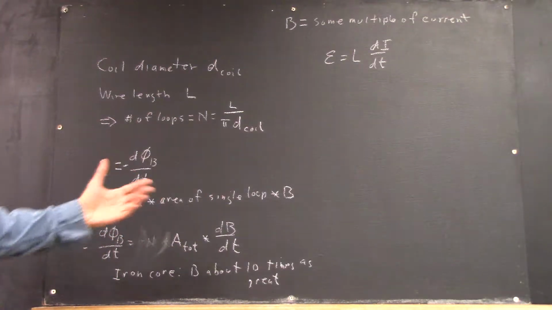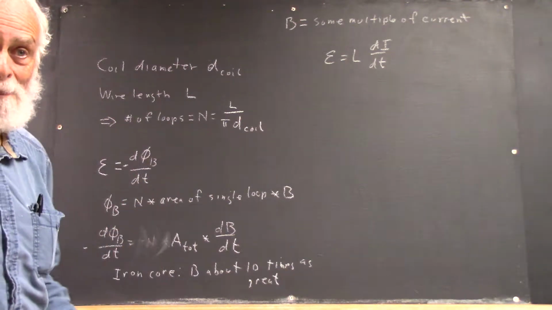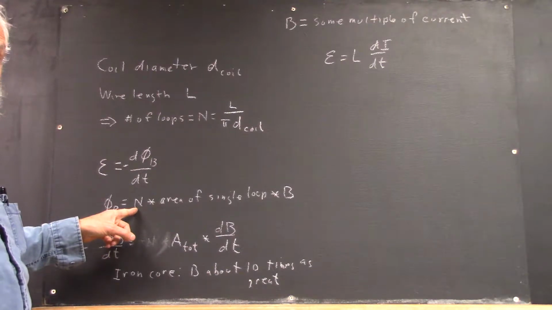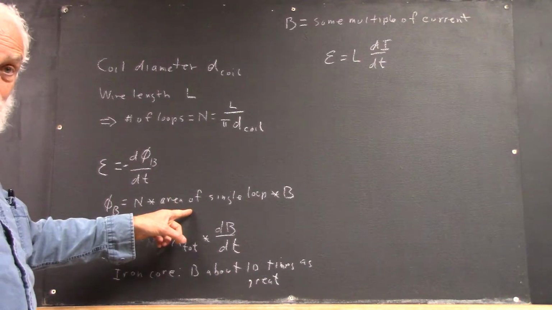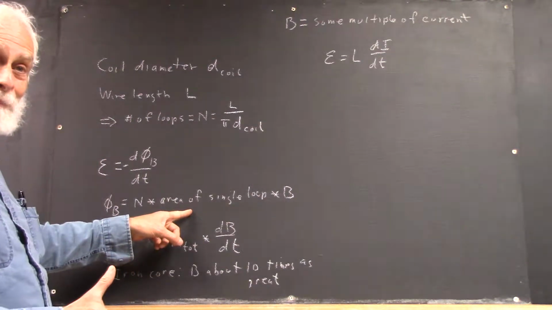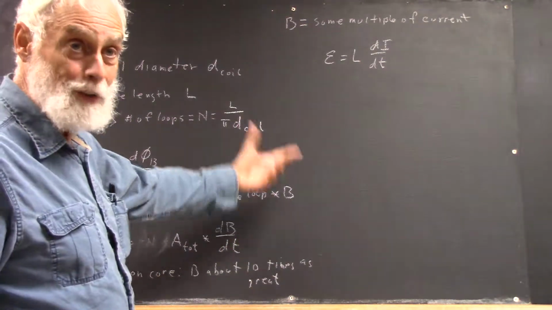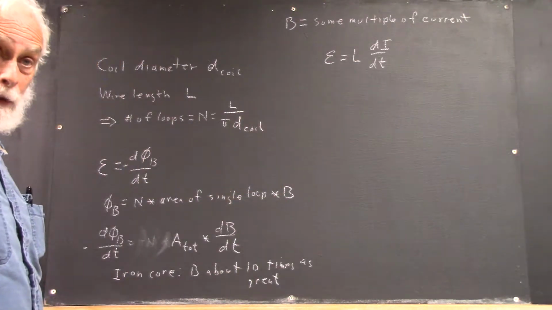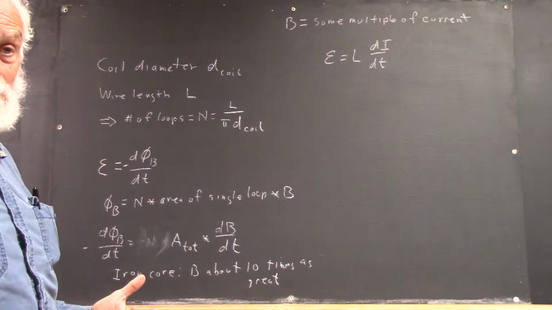Flux is what? It's field times area. You have so many coils, each has so many areas, right? Each has some area, and you got some magnetic field. So it's really easy to calculate the magnetic field if you have all these parameters.